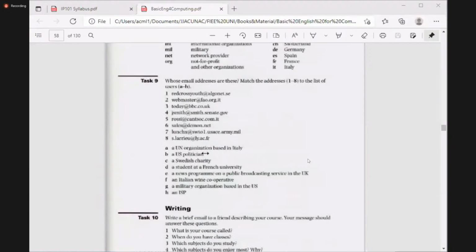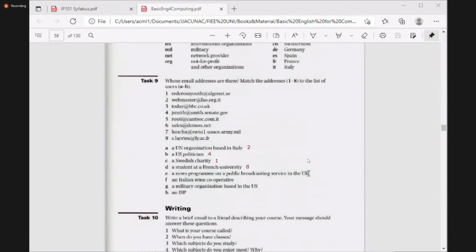A Swedish charity, Swedish. Number 1. A student at a French University, EDU here. Oh well, AC. Number 8.